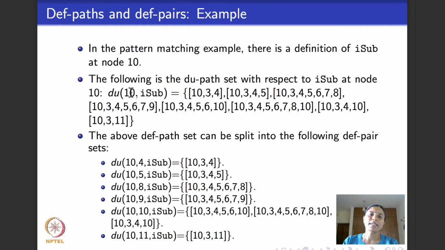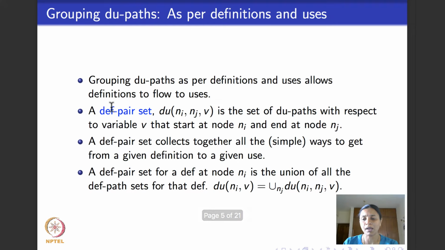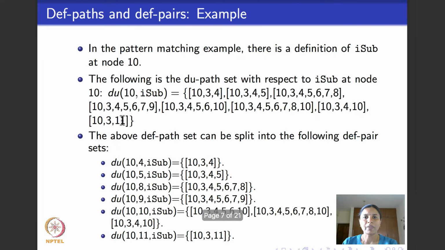So basically what I'm saying here is that you fix this variable I sub, you begin its definition at 10 and look at all the places where it's used. It's used in this edge, it's used in this edge, it's used in this edge. So trace paths in the graph that begin its definition at 10 and end in one of its uses, take all their union, that's this set.